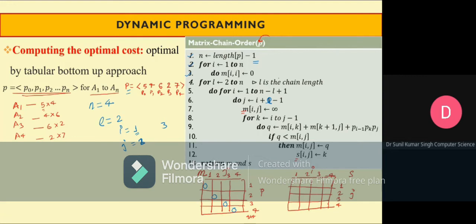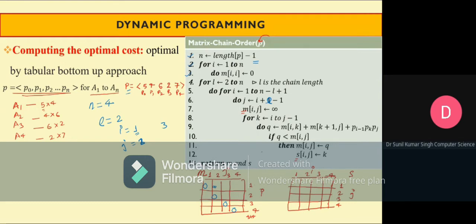Now, Mij, look at here. Mij is equal to infinity. So value of I is 1, value of J is 2. So that means Mij is infinity. Let's put infinity here. Now, for k is equal to I to J minus 1. Value of I is 1, value of J is 2, J minus 1 is 1, that means 1 to 1.